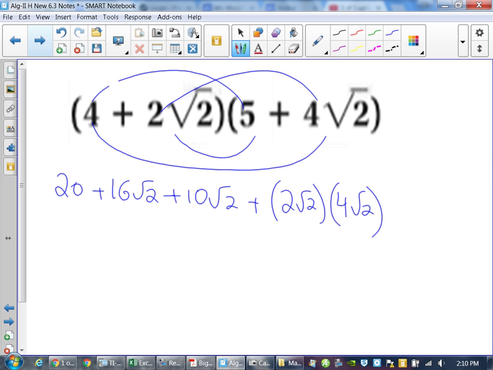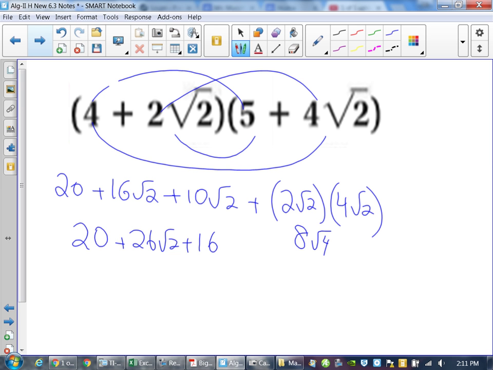So we have 2 times 4, which is 8. So I have 8 times root 4, otherwise known as 2. So it's 8 times 2 is 16. So we have 20 plus 26 root 2 plus 16.